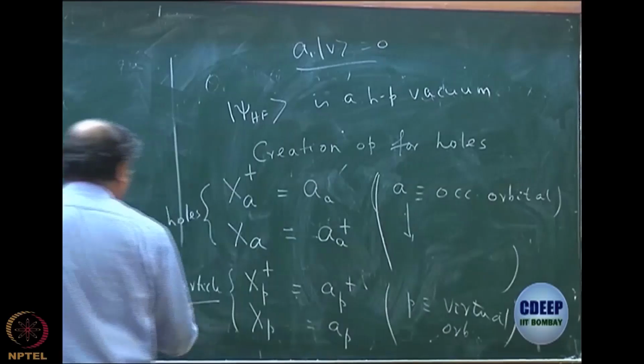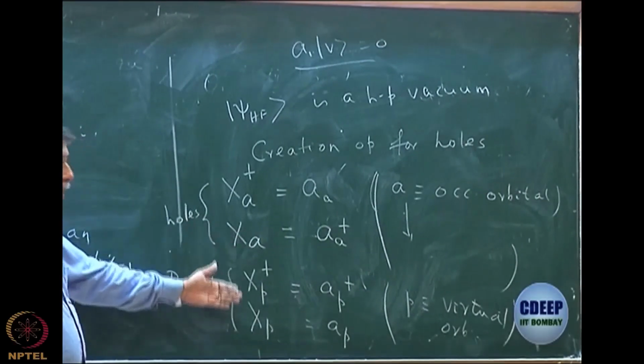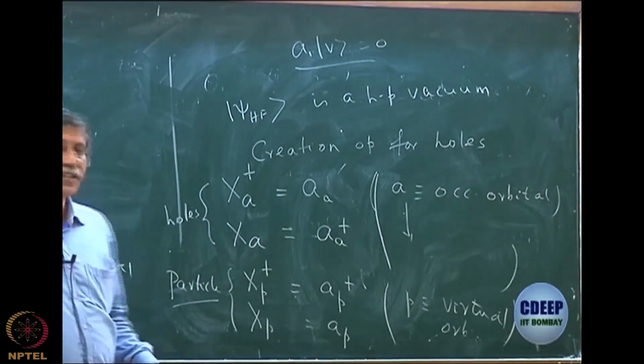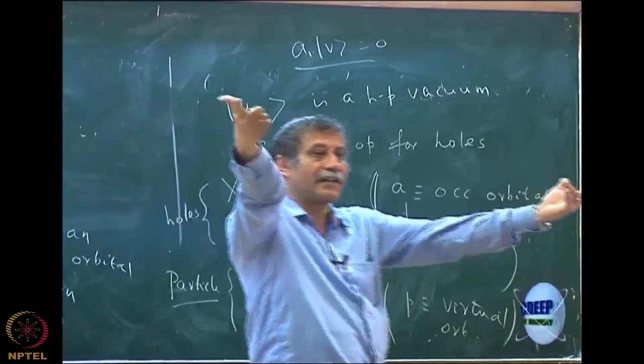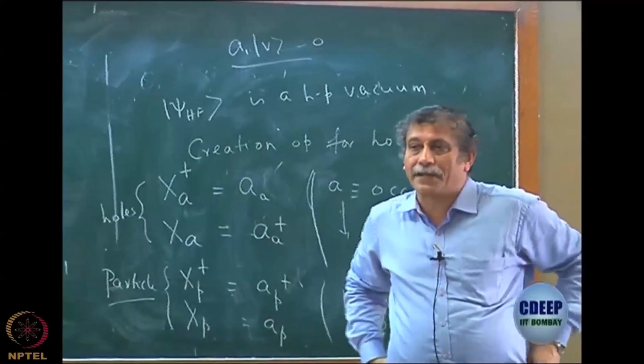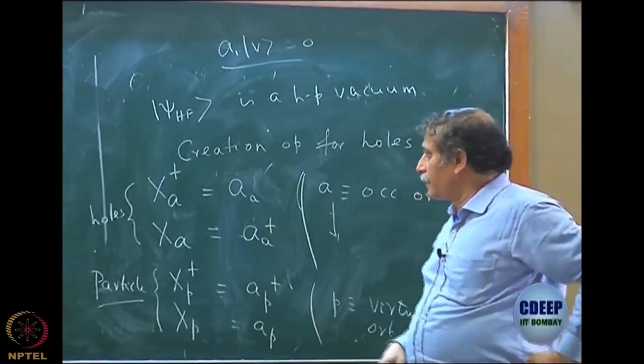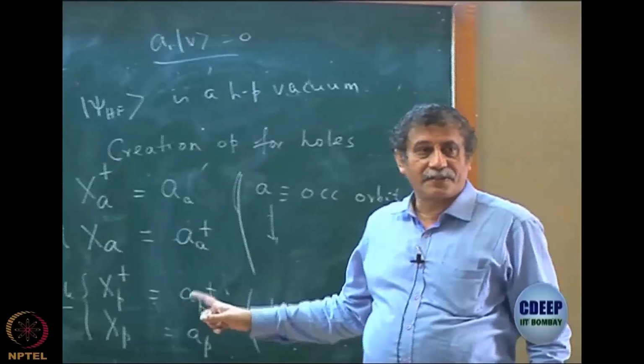So, that becomes the creation annihilation operators for the particle, which are standard. X_P dagger is equal to A_P dagger, because I am just creating an electron. Okay. So, I am creating a particle. Is it clear, the definitions?